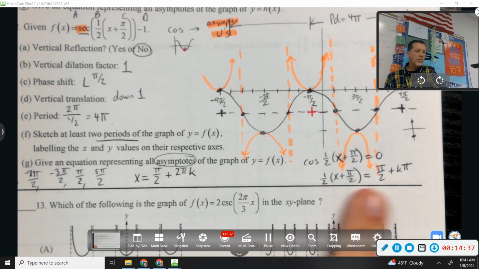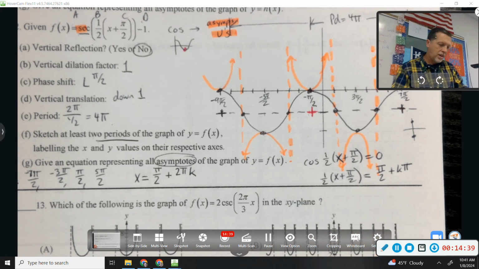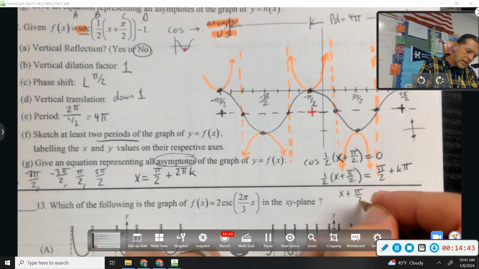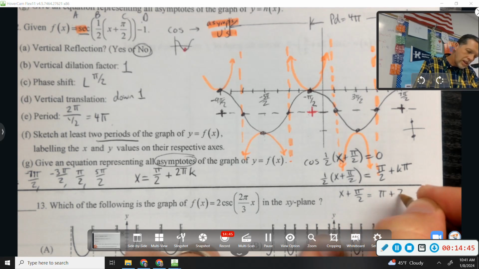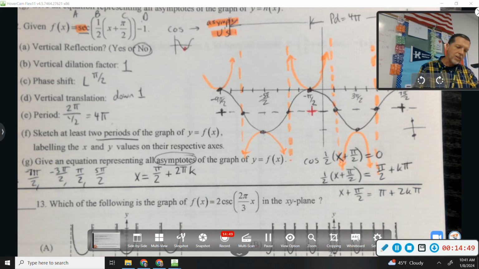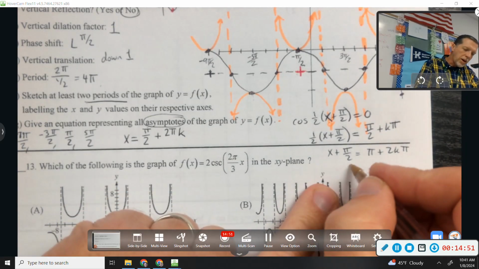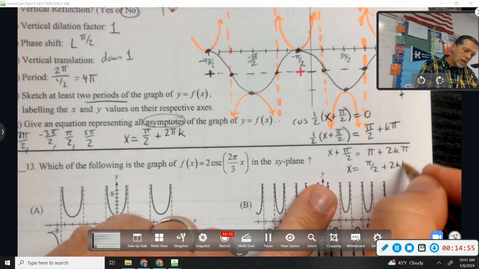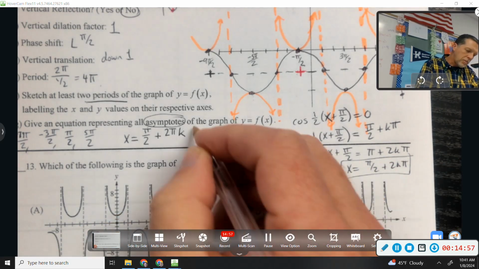Now this looks ugly, but it's not too bad. I'm going to multiply through by 2. There's the 2k pi, so that's looking good. And if I subtract pi over 2, I get the same thing.